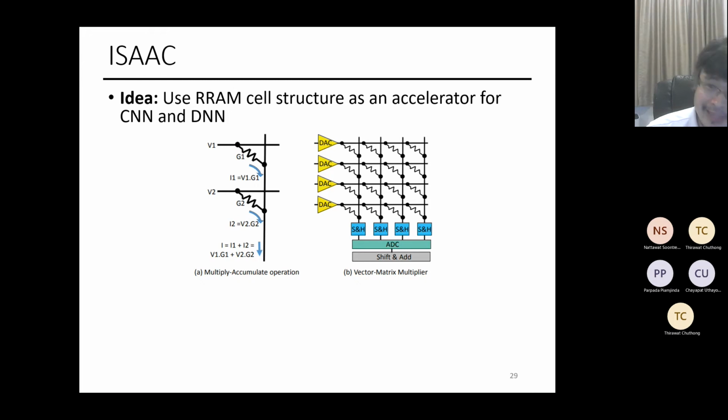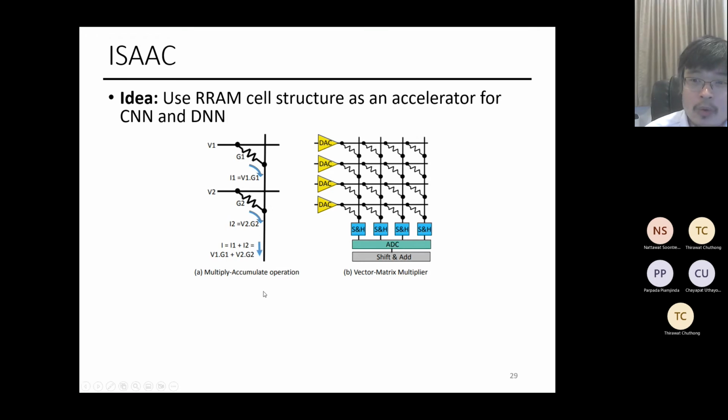But once it's analog, the RRAM cell essentially becomes a resistor, and with Ohm's law, V equals IR. When you read the value in your resistor, the current that goes through becomes the dot product of the voltage and the resistance.